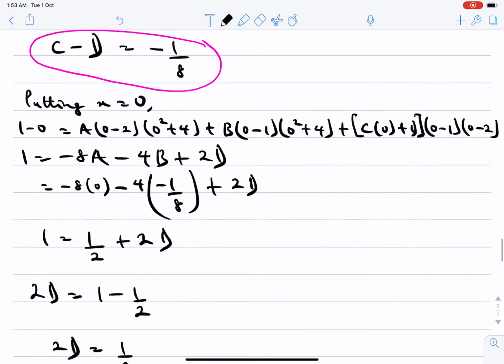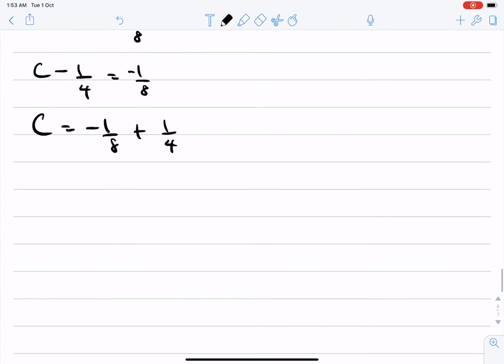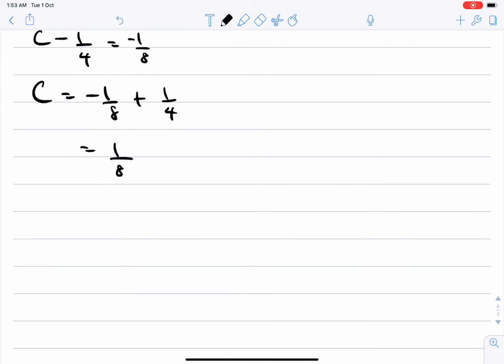And that means c equals minus 1 over 8 plus 1 over 4. And what do we have if we do that? Minus 1 over 8 plus 1 over 4 is 1 over 8. Yeah, that means c is equal to 1 over 8.